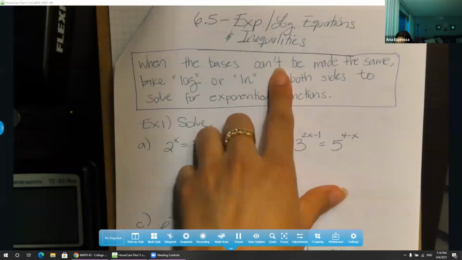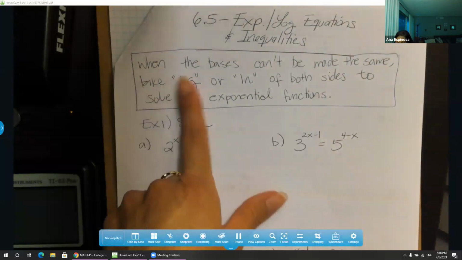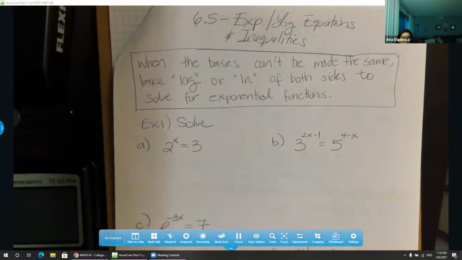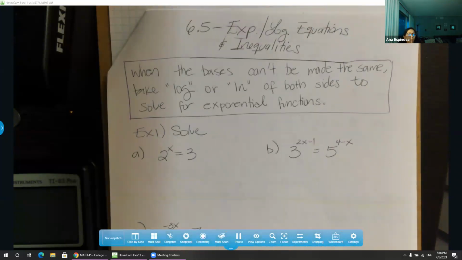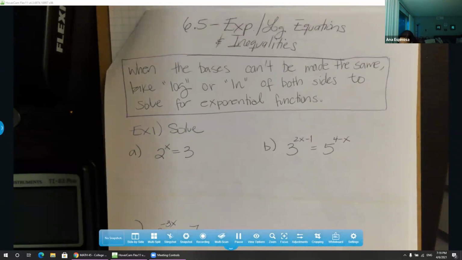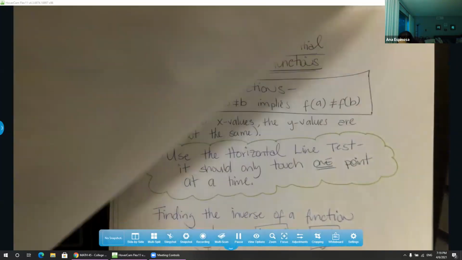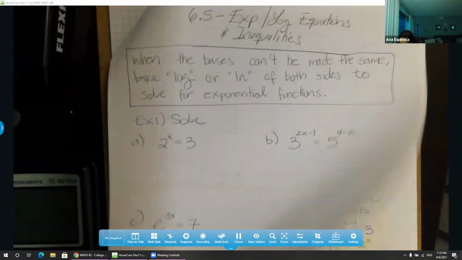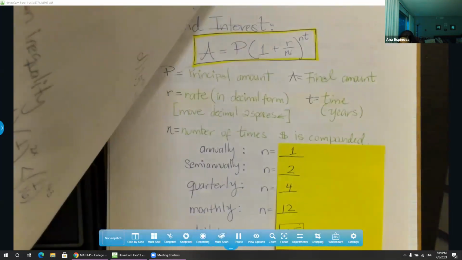When the bases can't be made the same, you're going to take the log or ln of both sides to solve the exponential. Prior to starting here, we had 6.3, I believe.